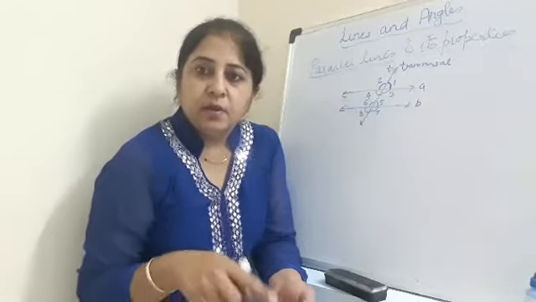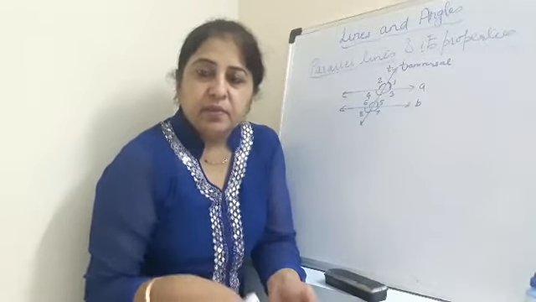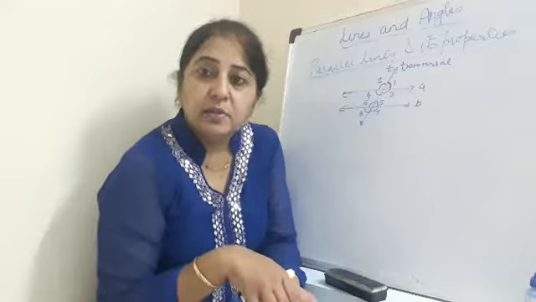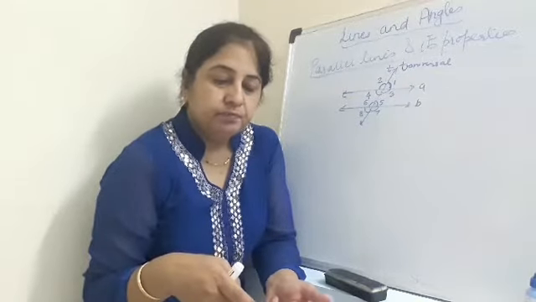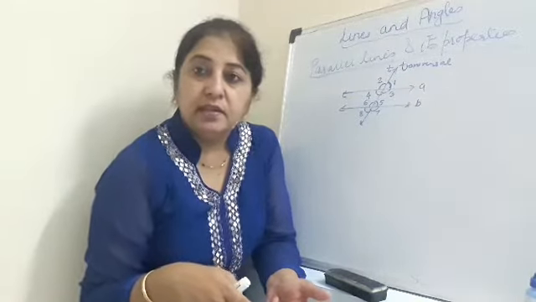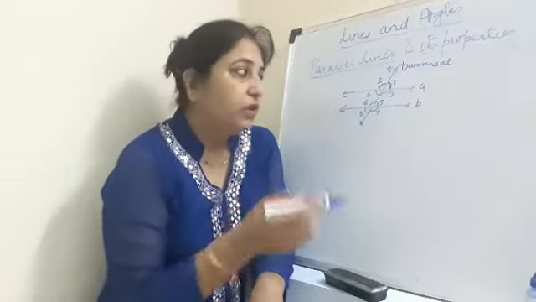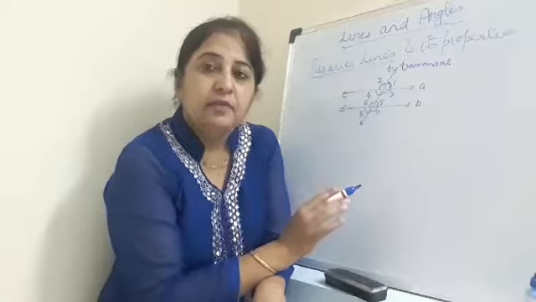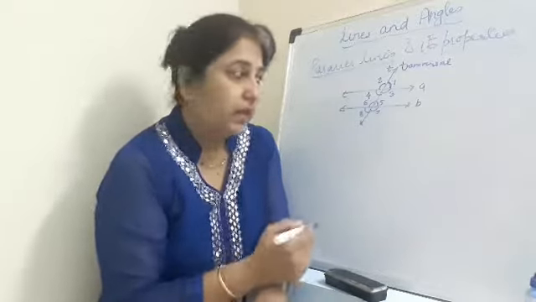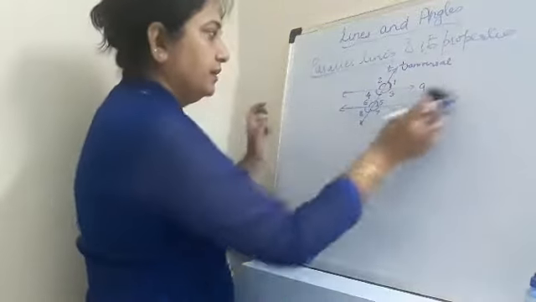Corresponding angles, alternate interior angles, angles lying on the same side of the transversal, then alternate exterior angles, right? Interior angles, exterior angles, everything. So we are going to first study those types of angles, and then we are going to study the properties of these angles. So let us begin again.